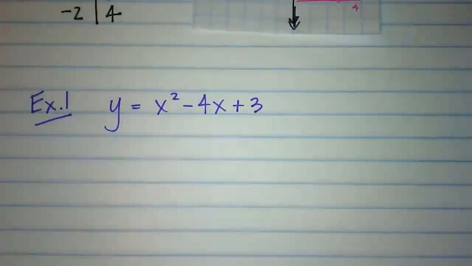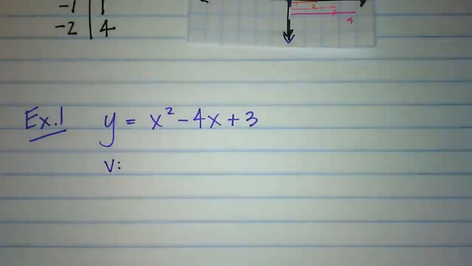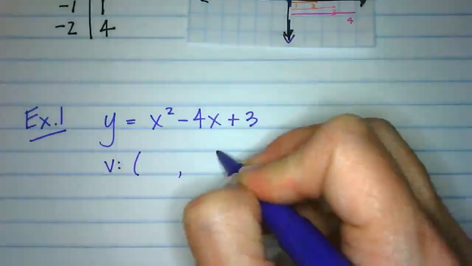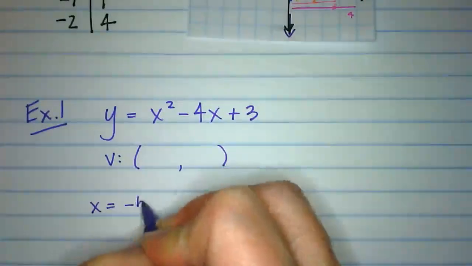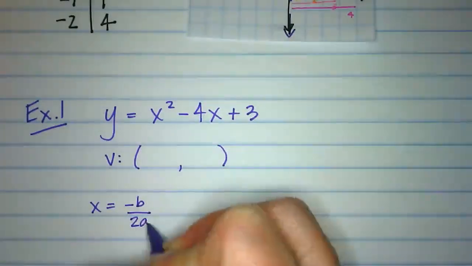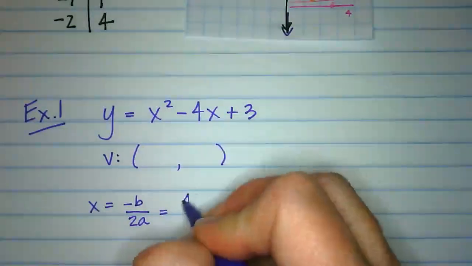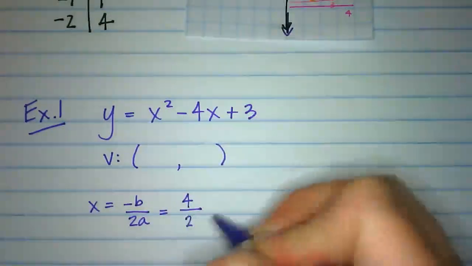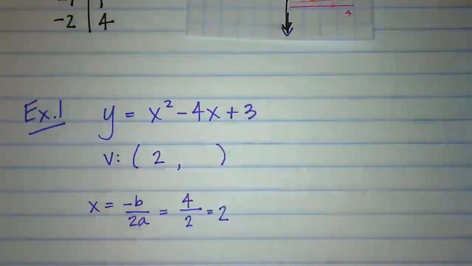In order to find the vertex when we are in standard form, we need to do negative b over 2a. So for our vertex x value, negative b is 4, over 2a, which would be 2. So that tells me that the x value is 2.